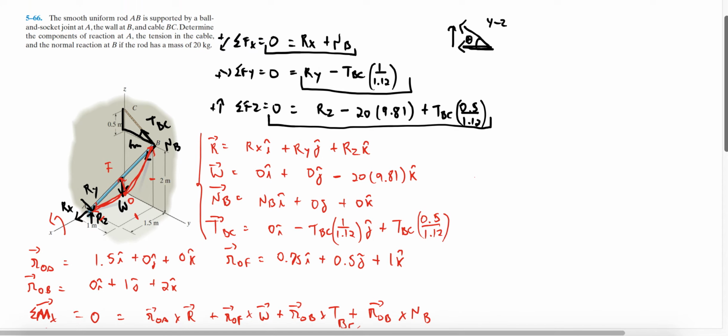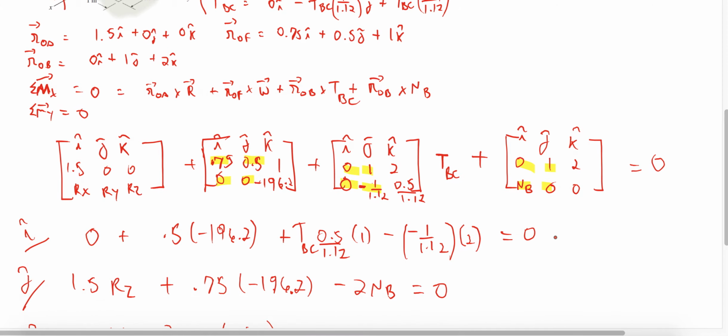Let me see if I can just get TBC from this equation. Let's just obtain that, and let's see what we can later obtain from the other equations. So if I move it to the other side, I'd get minus 2 times 1 over 1.12, moving it to the other side, plus 0.5 times 196.2, correct?